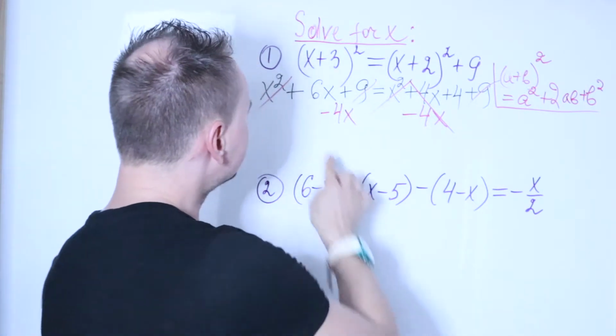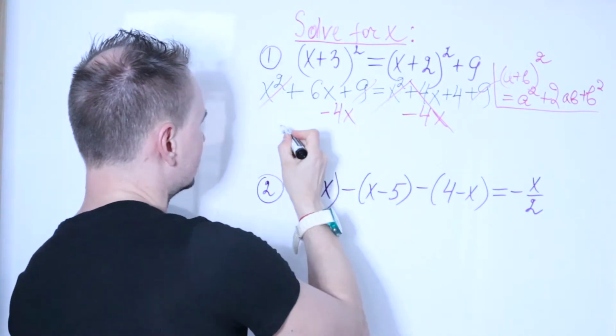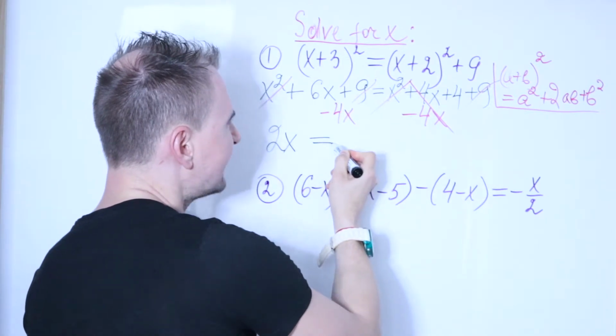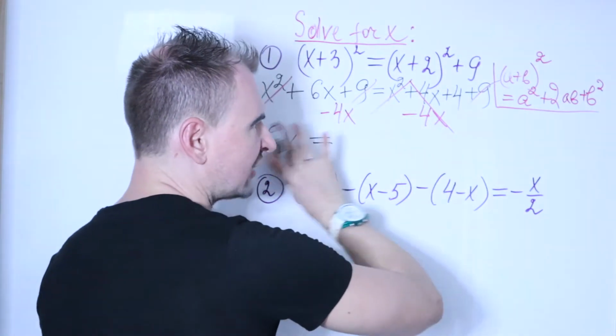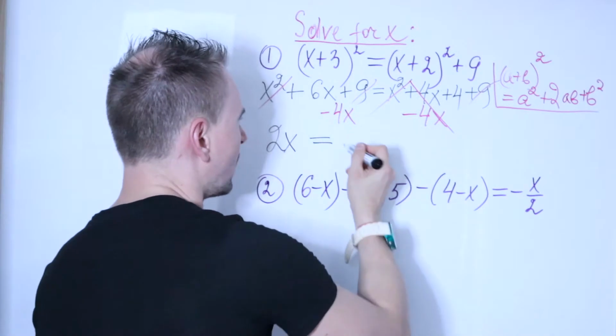And you would be left with 6x minus 4x, that gives you 2x. Bring down the equality sign. And on the right side, after all this cancellation process, you would be left with just 4.